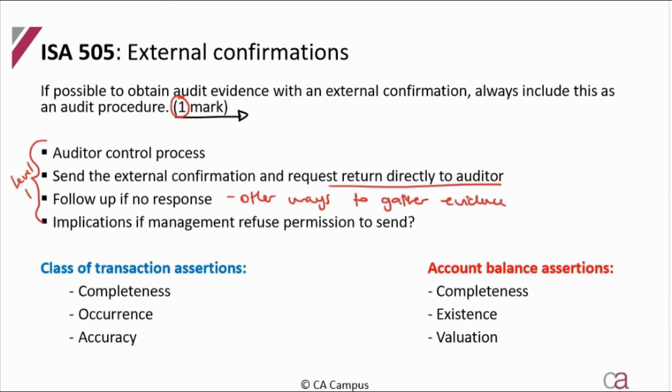Okay, for both levels, you must be aware, what if management refuse to give us permission to send? This could be considered a limitation of scope. If there's no other way we can get the evidence, and remember, right at the beginning of the audit, we said if we are aware there's a limitation of scope, we shouldn't accept the engagement.